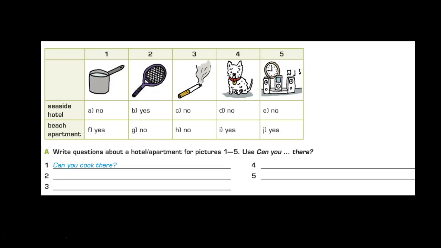Entonces, pueden así jugar de que escoger una o la otra. Van a hacer una pregunta de acuerdo a la imagen, o sea, que tenga que ver nada más, no tiene que ser exactamente eso. Por ejemplo, en la 2, en lugar de usar esta raqueta, pues yo puedo, I don't know, talk about tennis, the sport. Entonces, can you play tennis there, for example? And let's say that I'm thinking about the beach apartment, so the answer is going to be no. But if I'm thinking about the seaside hotel, so then the answer is going to be yes.